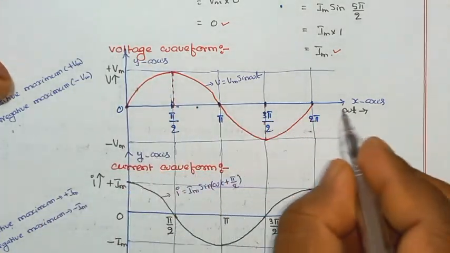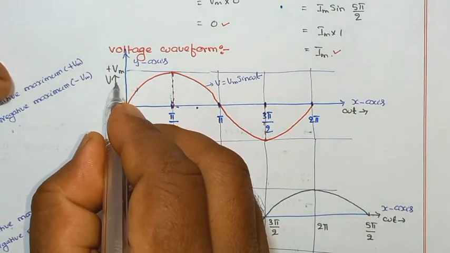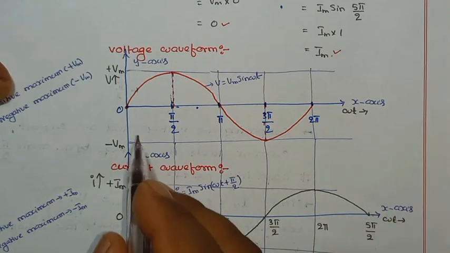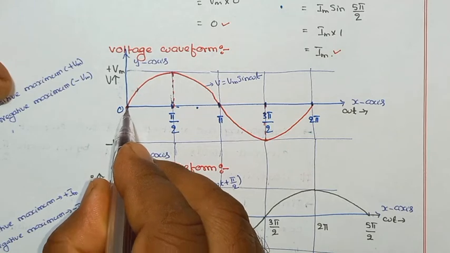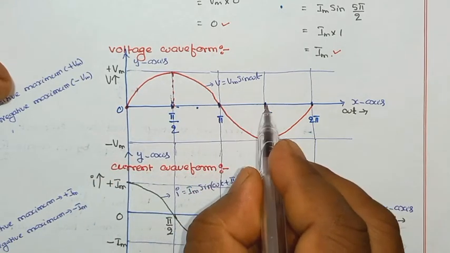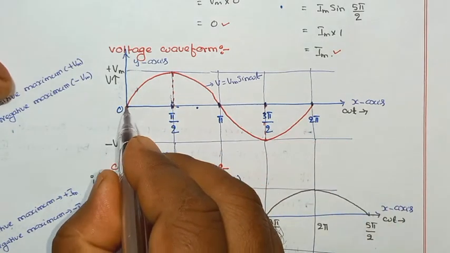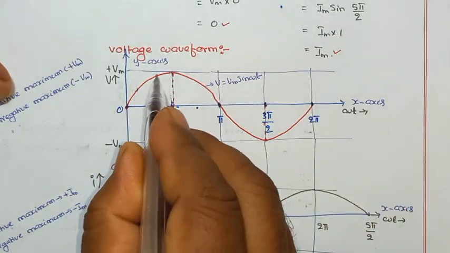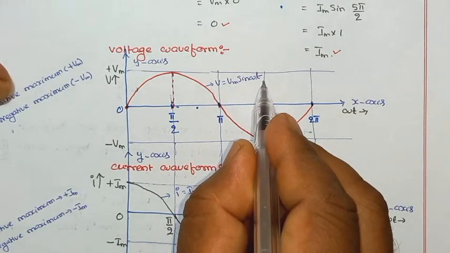For different values of omega t, that is at omega t is equal to 0, pi by 2, pi, 3 pi by 2 and 2 pi, the different values of V are mentioned and this waveform is drawn. So this is the voltage waveform, that is V is equal to Vm sin omega t.